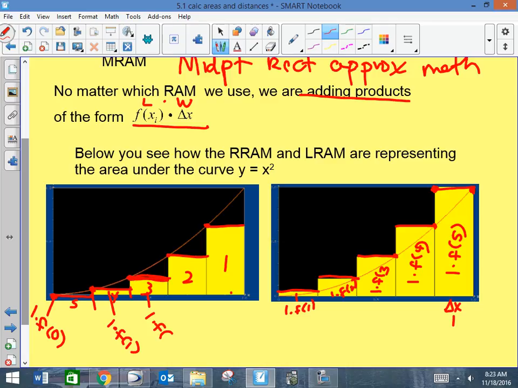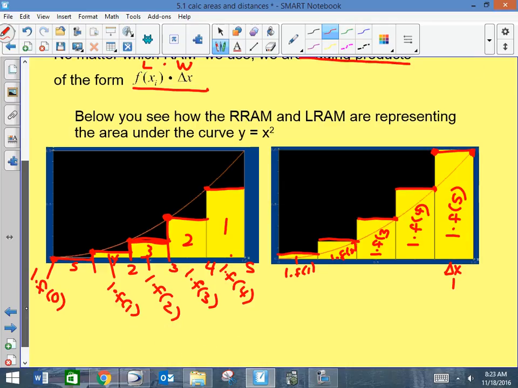This is the height. 2. Here's the 2. 1, 2, 3, 4, 5. F of 2, what's the height of this, where we are? What's this? There's 3. And that's a big mess, but 1 times F of 4. Okay? And in this case, the F is the X squared, but we don't need to go there yet.